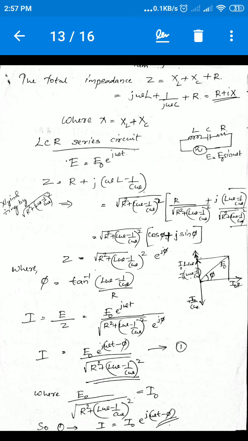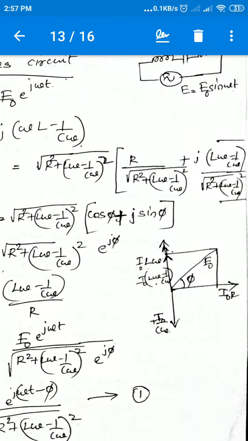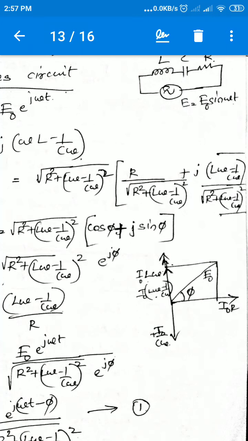So remember this vector diagram correctly. Okay, so the resultant voltage across the capacitor and the inductor is I0 into L omega minus 1 by C omega, and it is along the positive direction, that is anti-clockwise 90 degrees. That means it leads.